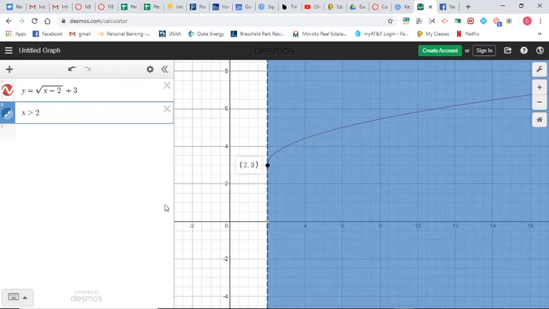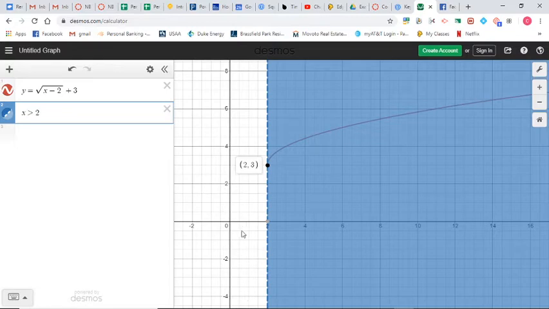So even if it's a decrease, if this was heading downward from right here, these values would still be shading over the graph. So that's a little shortcut if you like shortcuts. So for the interval of increase, if it's heading up, it's x is greater than that point at the start point, which is 2. And even if it was heading downward, your interval of decrease would still be the same. No matter what, it'll be x is greater than the start point. You just have to figure out whether the graph is increasing or decreasing.